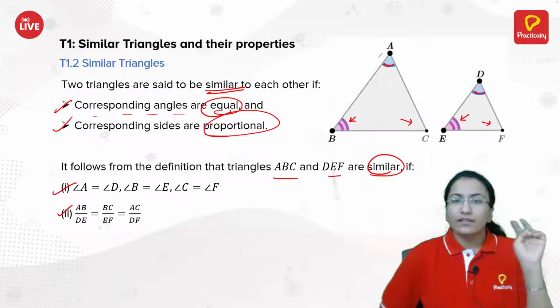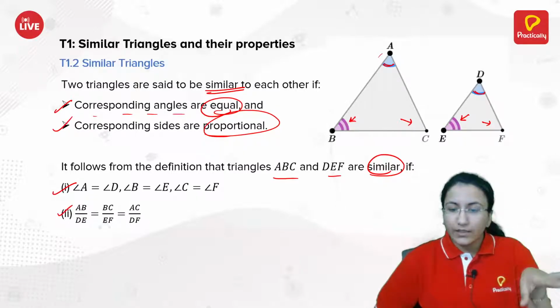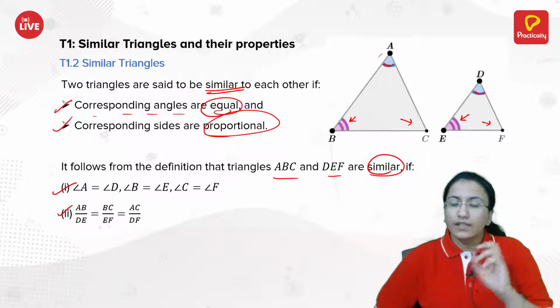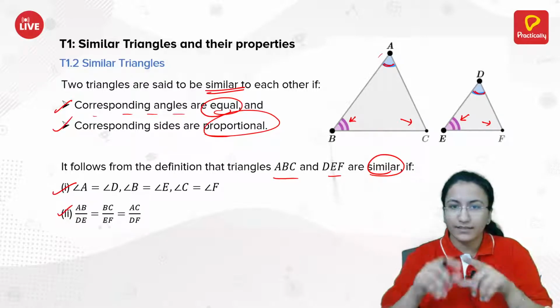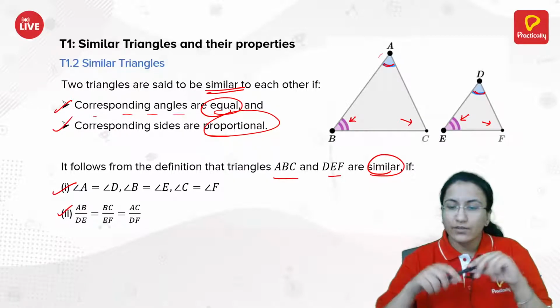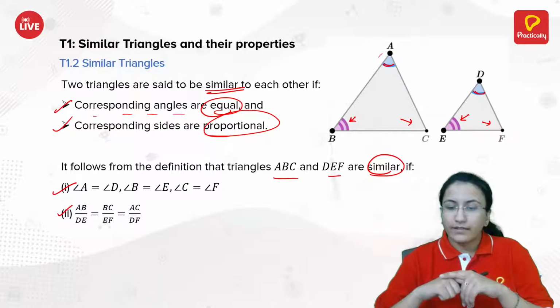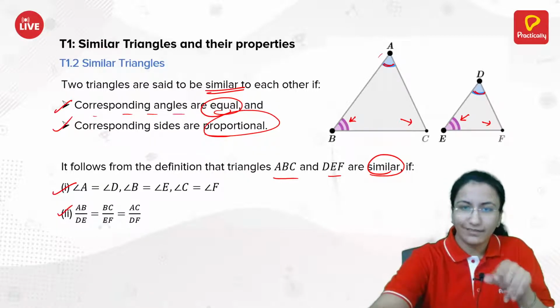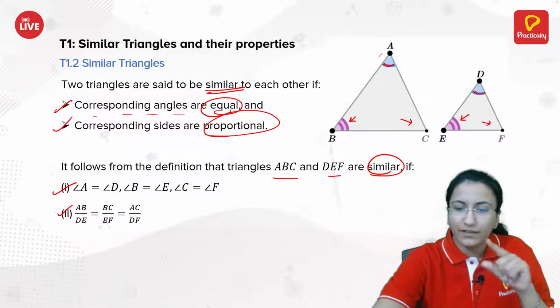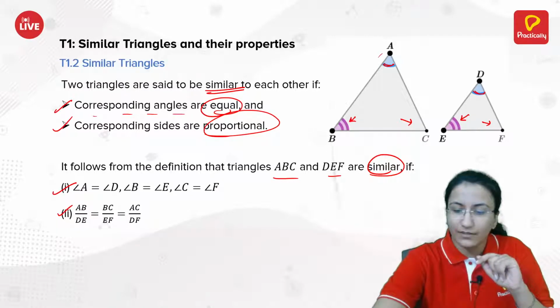If two angles of two triangles are equal, corresponding angles are equal, definitely the third angle would be equal. We will discuss this in detail when we reach the criteria for saying that two triangles are similar. We will discuss the criteria in the third topic today itself, after covering a theorem based on this.